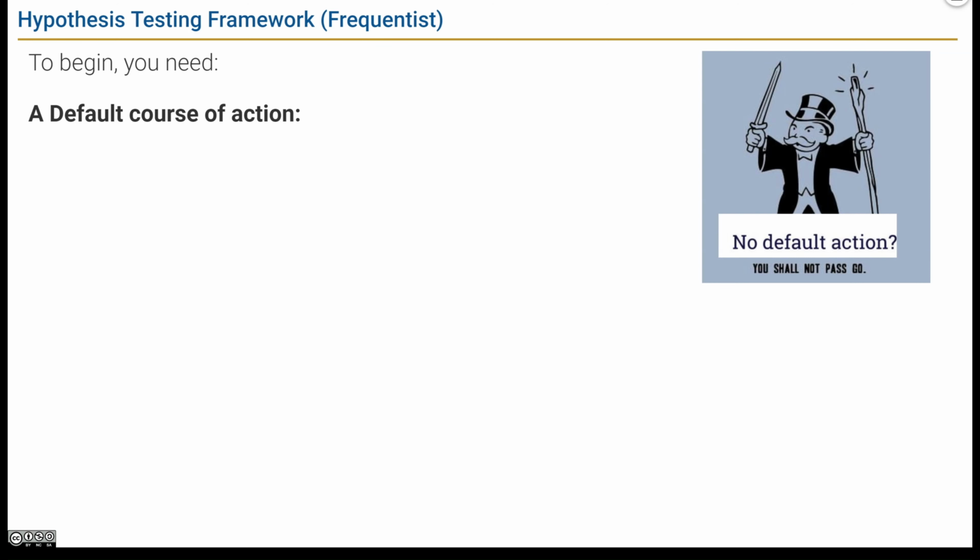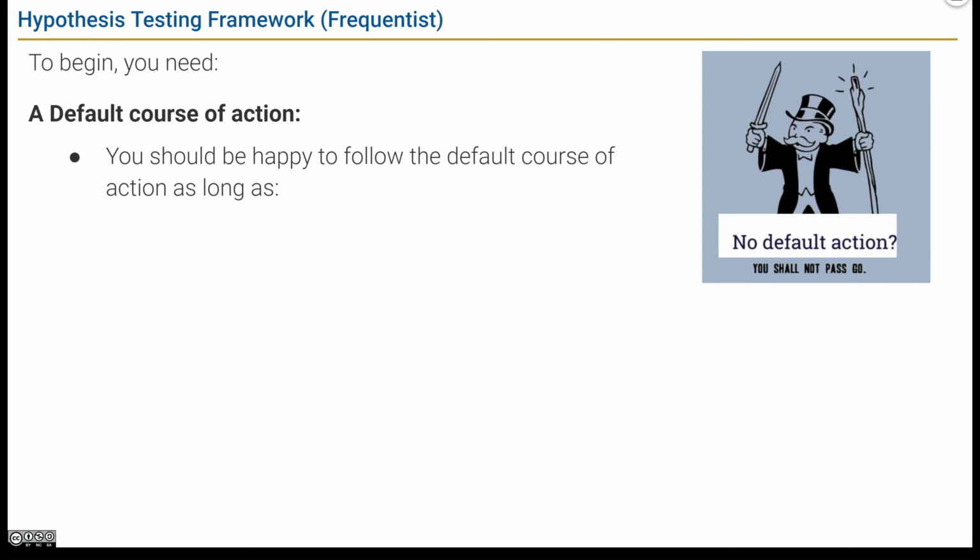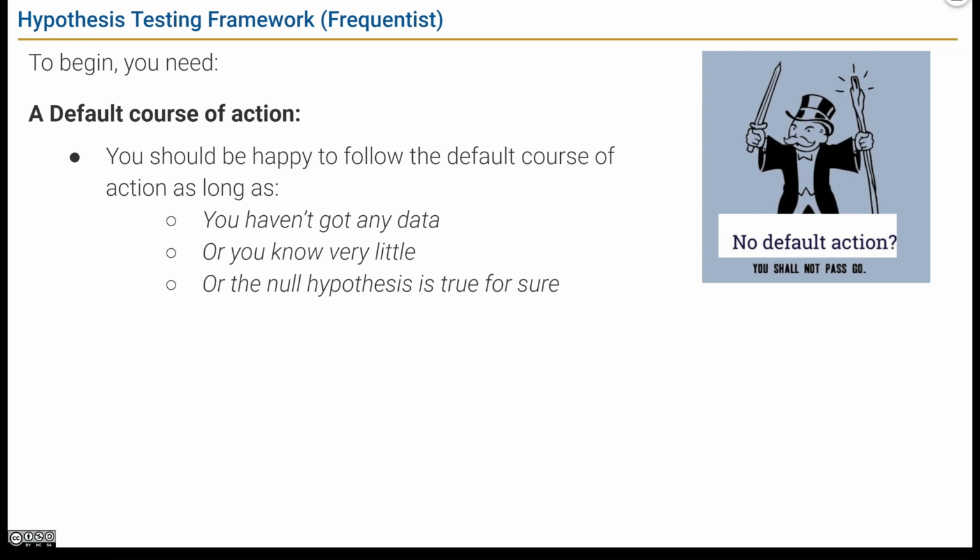It says that before you do anything along these lines, you need a default course of action. This means you need to have some game plan that you're happy to follow as long as you don't have any data, or you know very little, or the null hypothesis is true for sure.